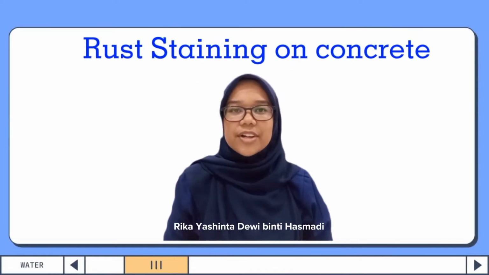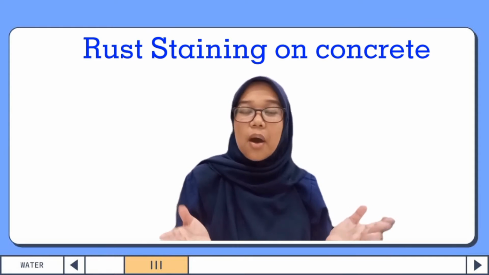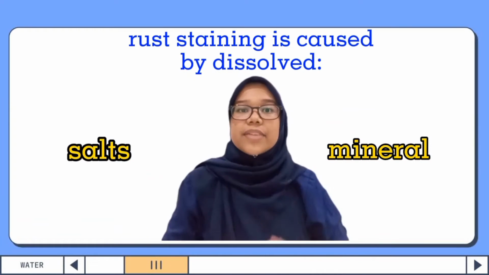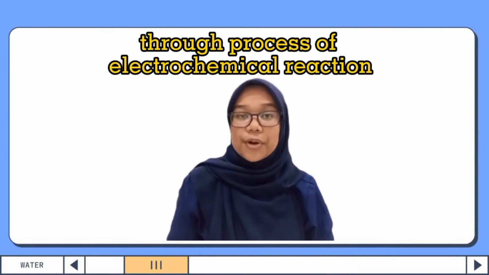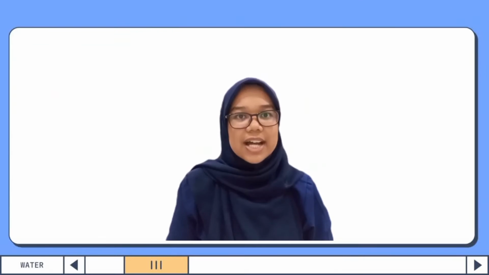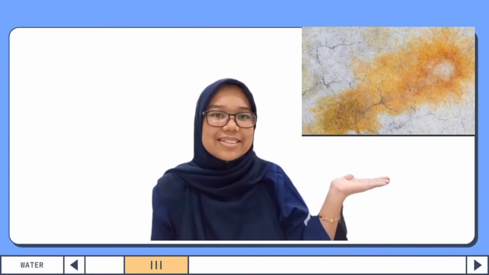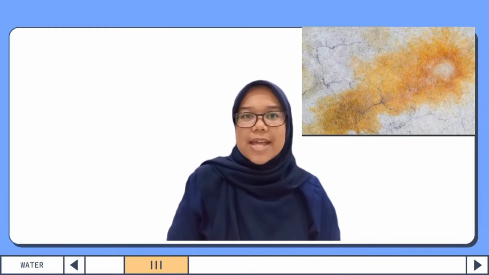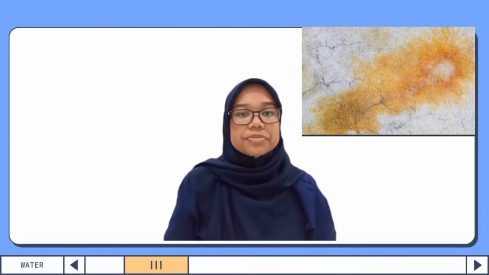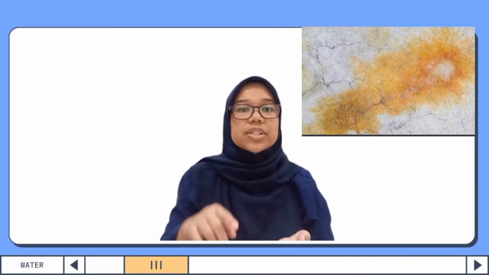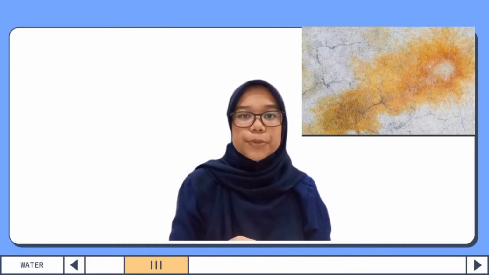Next, the defect caused by water is rust staining. What is rust staining? Rust staining is caused by dissolved minerals or salt that remain after electrochemical corrosion reactions have occurred. As you can see in this picture, it shows potted plant stains. If a potted plant has been in the same position for a while, the water under the pot will build a circular stain around the rim of the pot.